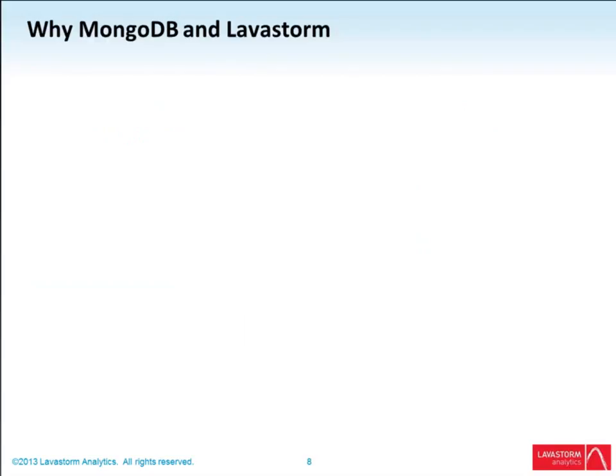So to solve this problem, why did Lavastorm work with our partner and use MongoDB? First thing is agility. It had to support rapid, random access of the data, as opposed to techniques which require a program to be created and to be executed across the data, where you're in a wait cycle there, and it takes a pretty technical skill set.